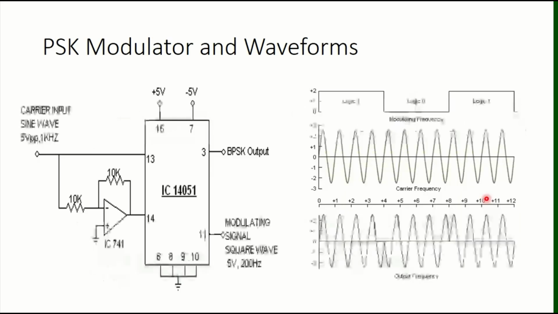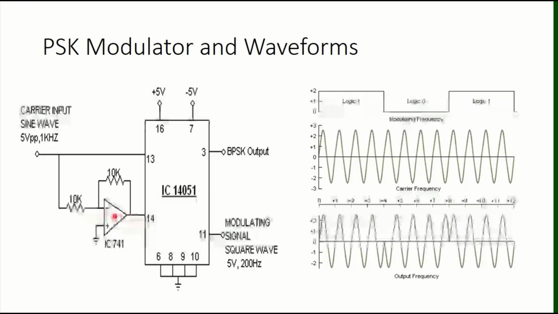Next, similarly, what we have tried for phase shifting. When the logic data changes, then the phase of the carrier should change. No magnitude, no frequency should be varied. And exactly that we have followed. In one channel, we have given one carrier, and on the other channel, we have given the 180-degree phase shifted one. A unity gain op-amp is used in inverting mode.